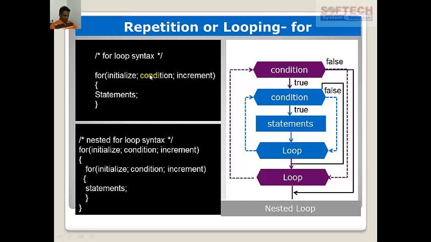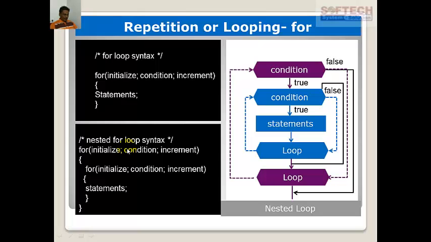If the condition is true, it executes the statement, then increments, then checks again. If the condition is false, it comes out. The first time only it initializes. This is looping. This is the for loop.